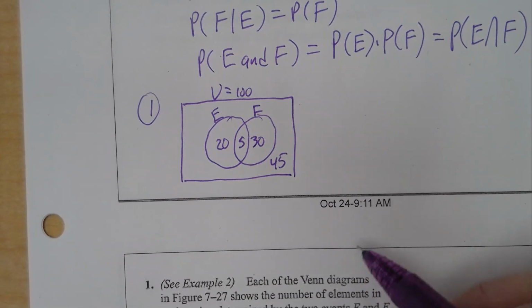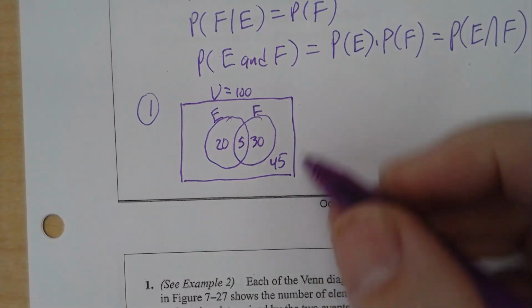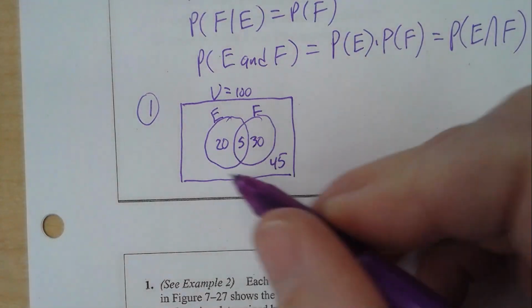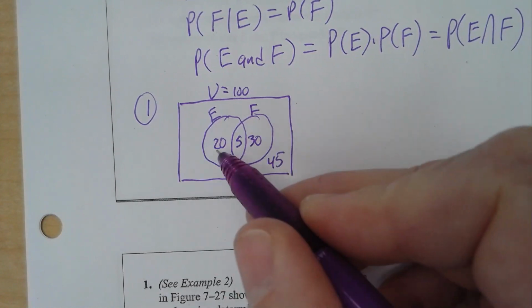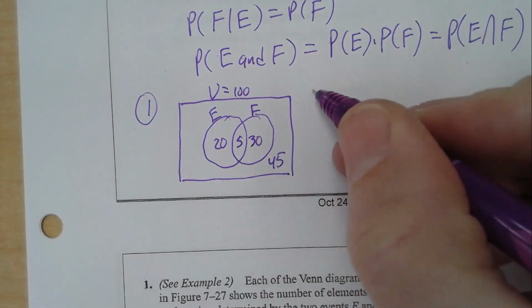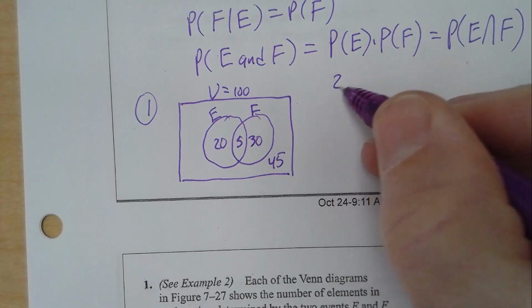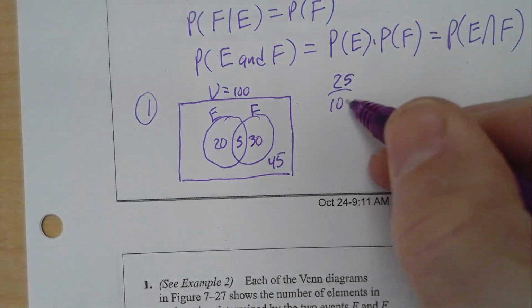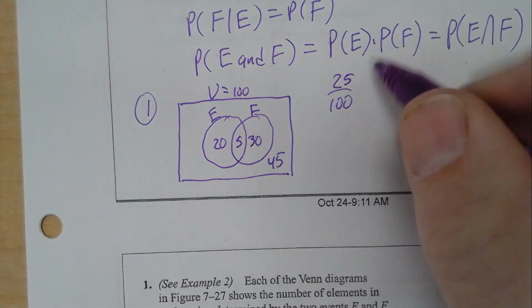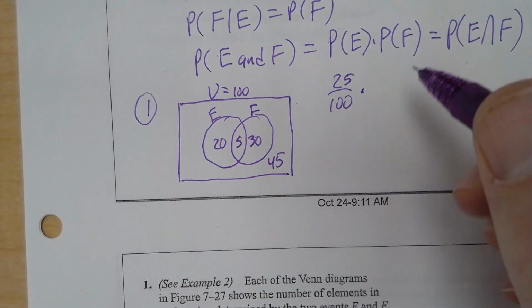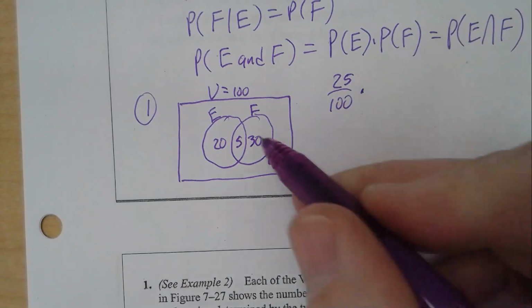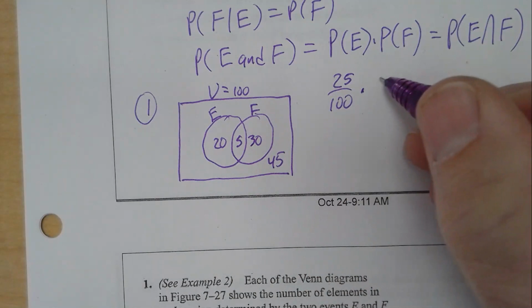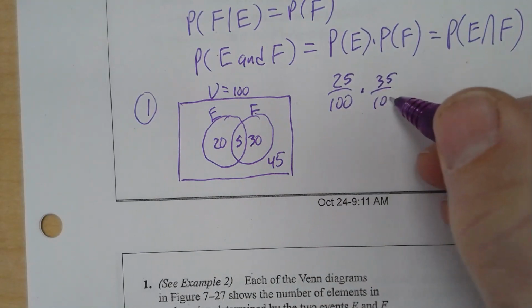All right? So the first thing I'm going to say is probability of E, the chance that E happens, is 25 things out of 100. So probability of E is 25 out of 100. I'm trying to test this formula here to see if this works. Times probability of F, well, there's 35 of those, 35 out of 100.